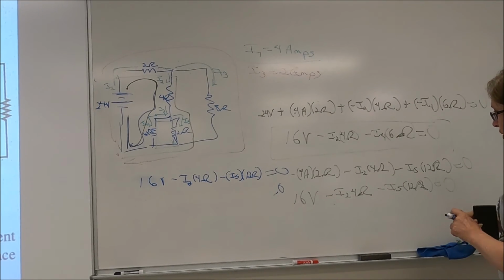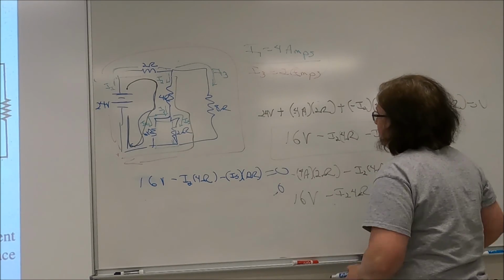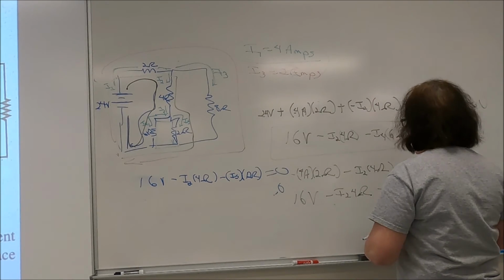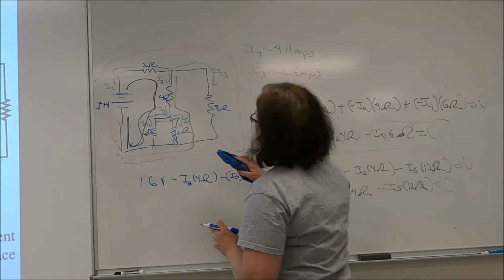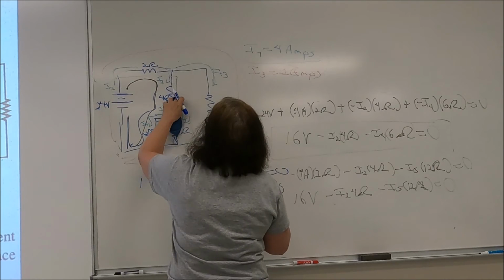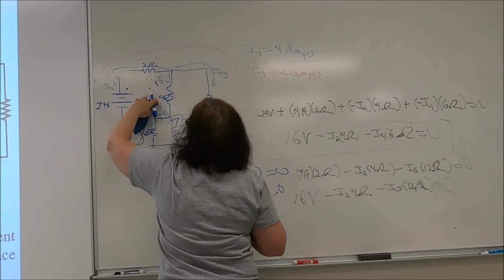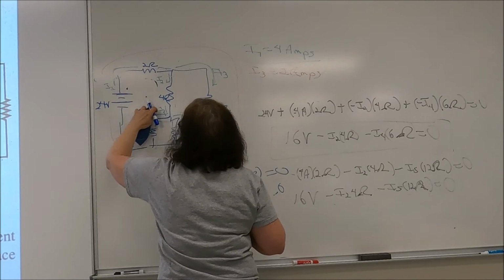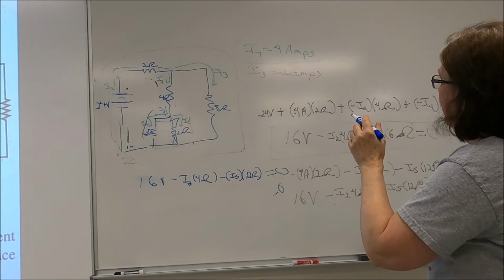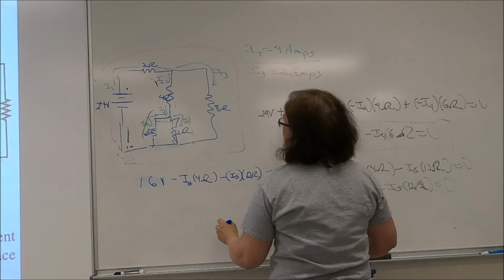Okay, what I need to do is use a new loop. Why did I pick one that was so hard? Every time you make a loop, you should pick up something new. So I have the current I1. I can use a junction rule.